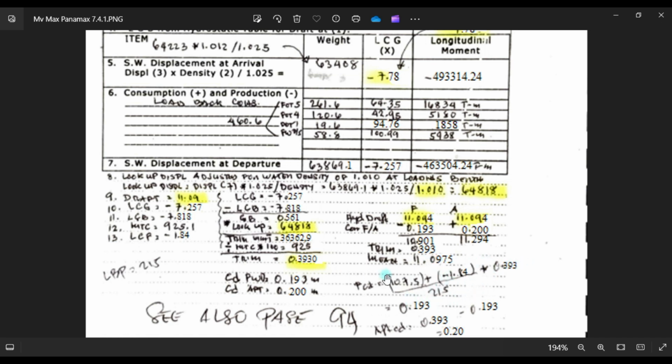The resultant of this will be your forward change of draft, 0.193.